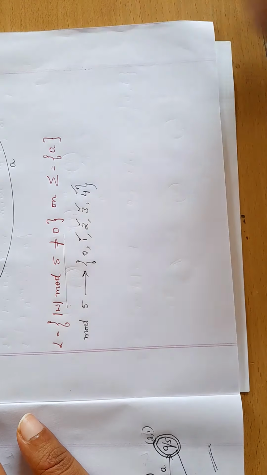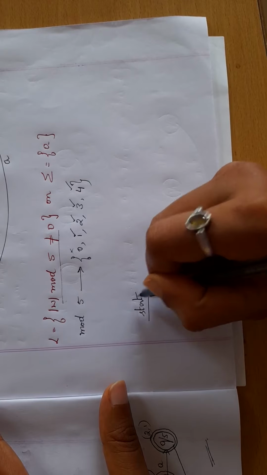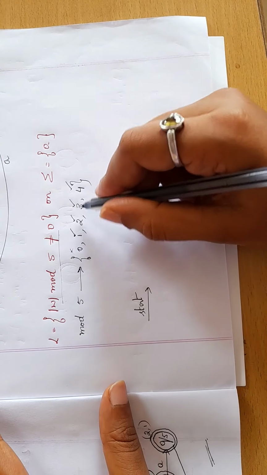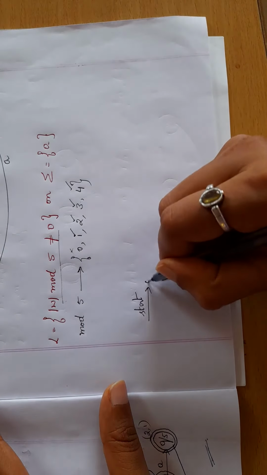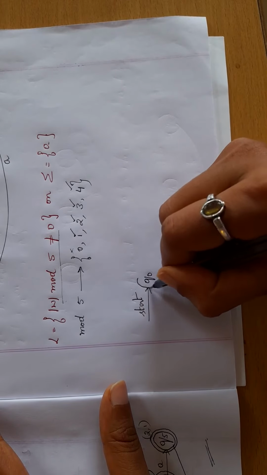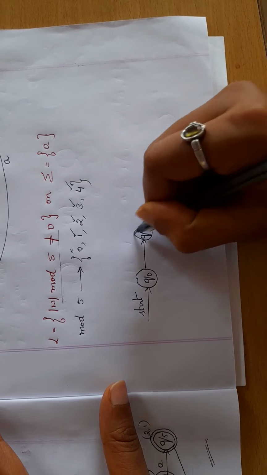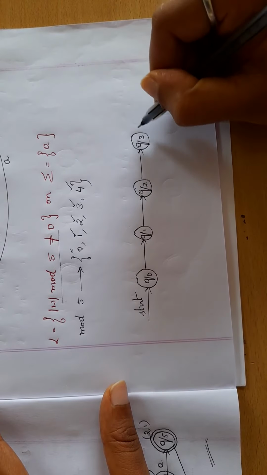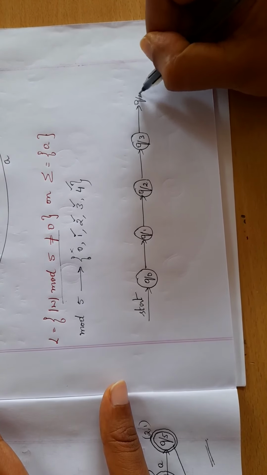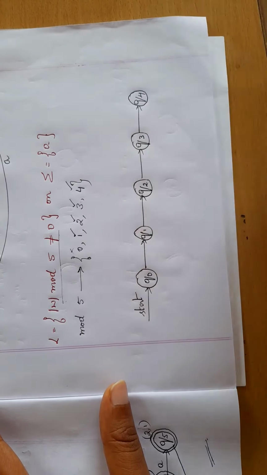So I need not rearrange anything because I have only a single condition here. Directly I'll write the states. I'll write start. You need 5 states: Q0, Q1, Q2, Q3, Q4. 5 states are done.